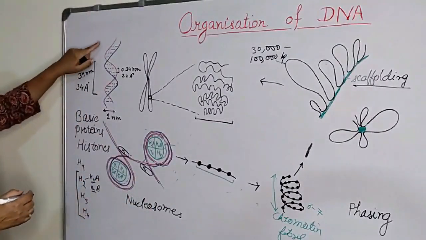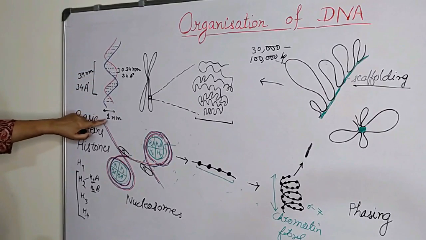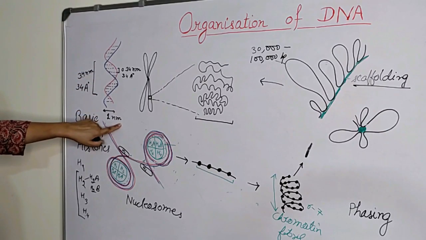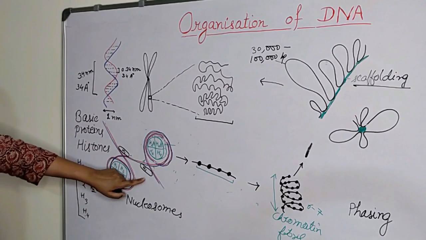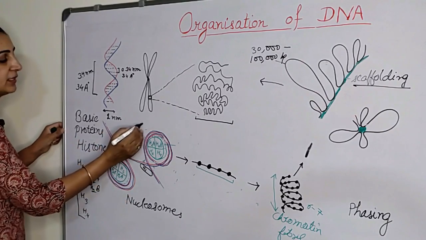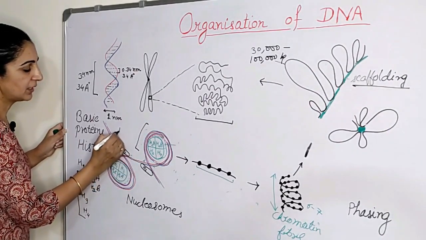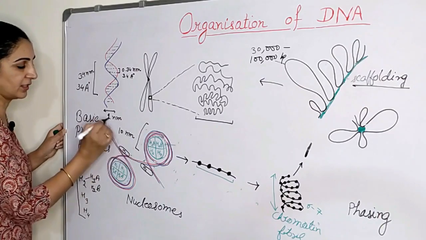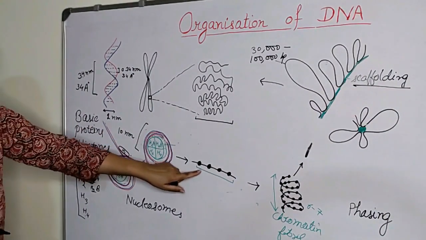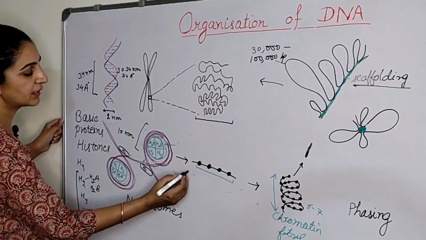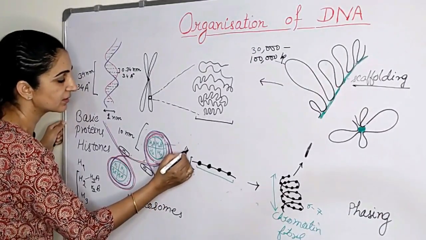So let's see, this is the DNA double helix. This is around 2 nanometer in thickness. When we form the nucleosomes, then this becomes around 10 nanometer in thickness. So this beads on string is 10 nanometer in thickness.